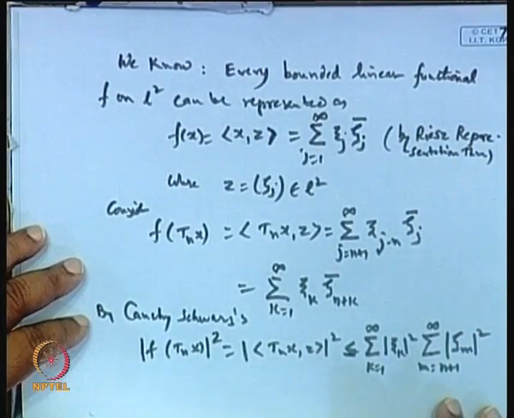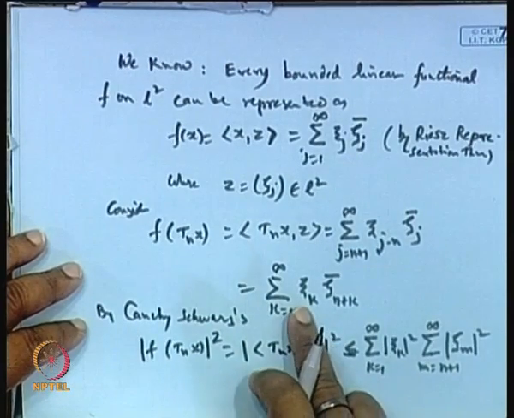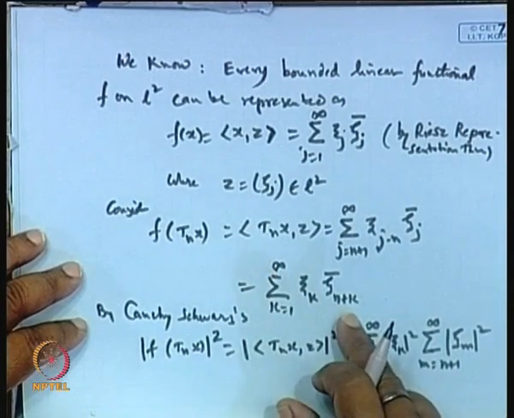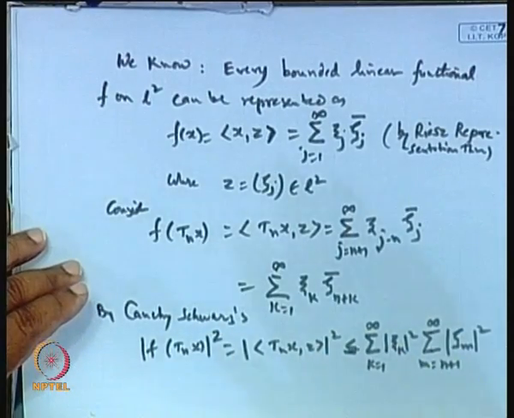Clear? By the Schwarz inequality, the modulus of this is less than or equal to the product of the square roots, but since I have taken squares, the half is out.